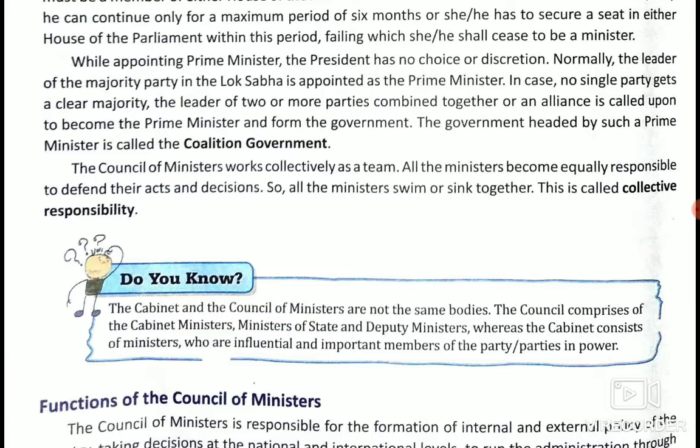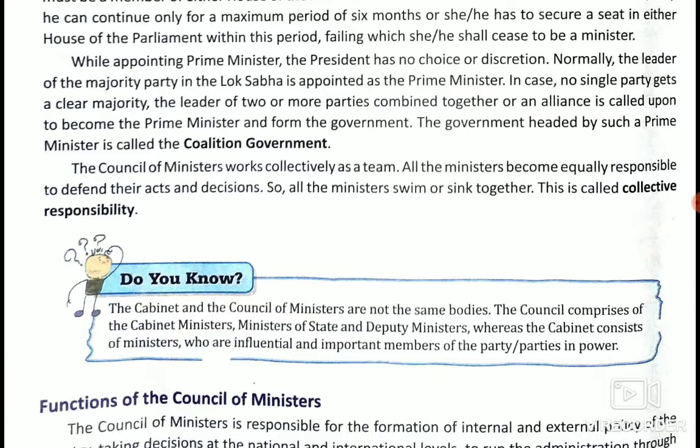And if no single party gets the majority, then 2 or 3 parties combine together to form a government, which is called a coalition government, which you have already read in class 7. When one party does not get a majority, then 2 or more parties join together to form a government called a coalition government.